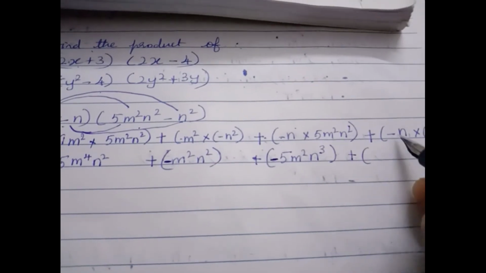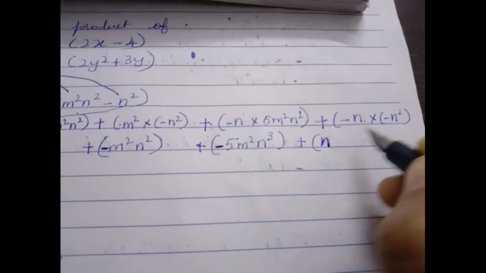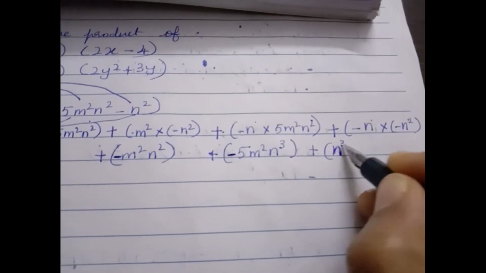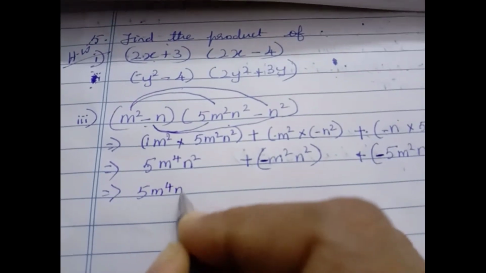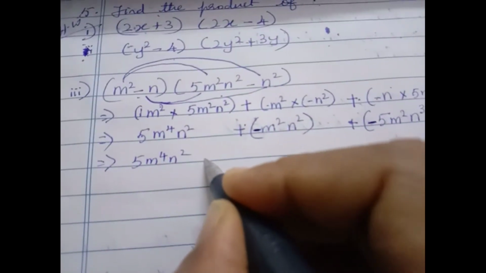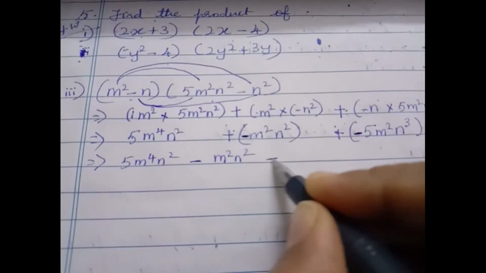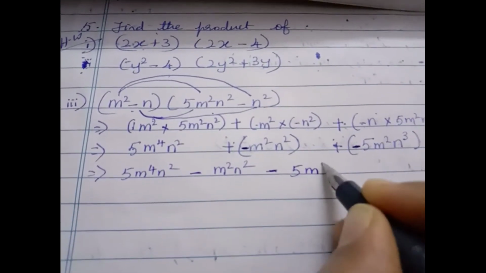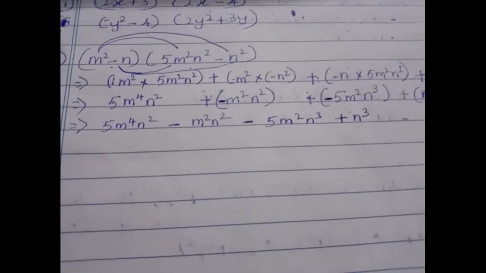Plus minus into minus is plus, n, 1 plus 2 is 3. Now 5m power 4 n square, minus into plus is minus m square n square, plus into minus is minus 5m square n cube, plus n cube is your answer.